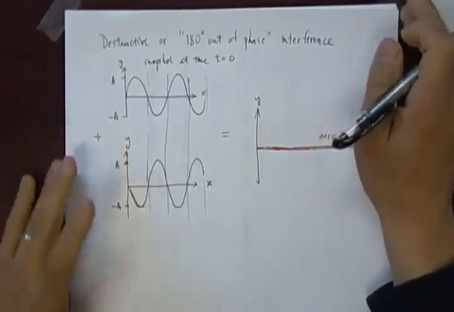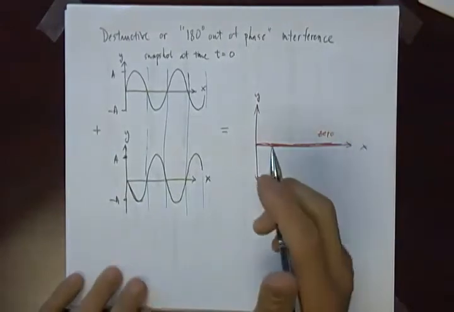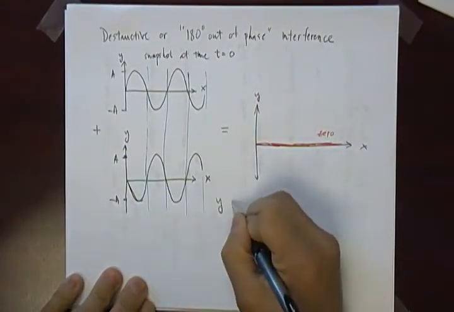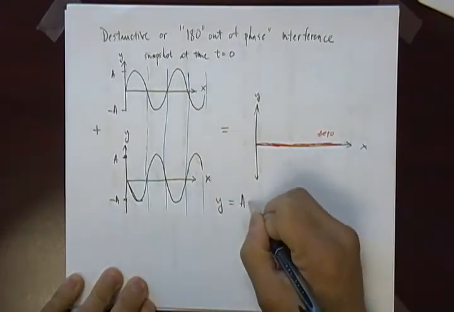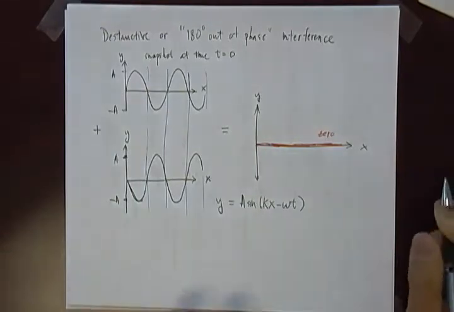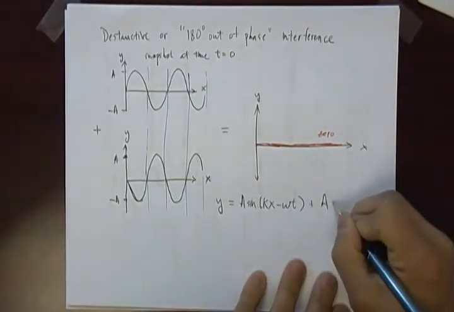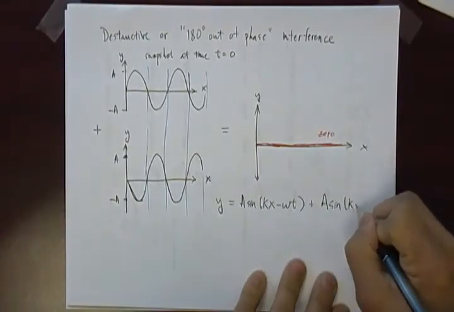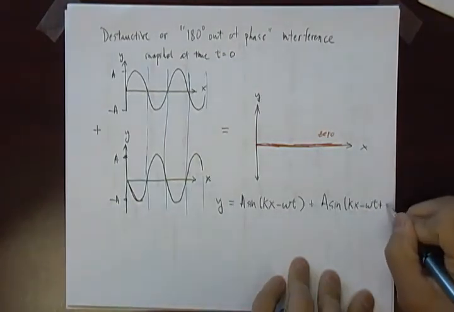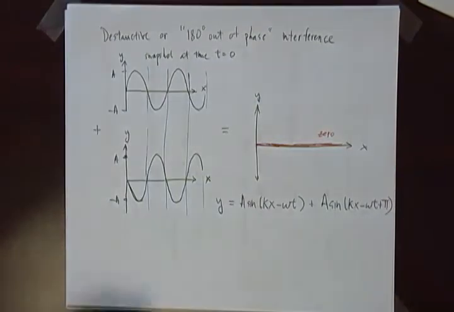Now, if I want to think of this in equations, I can think of it this way. So y for one wave is a sine of kx minus omega t. The other one will be a sine of kx minus omega t, but I'm shifting it by 180 degrees. So let's stick in a pi, which is the same thing as 180 degrees.